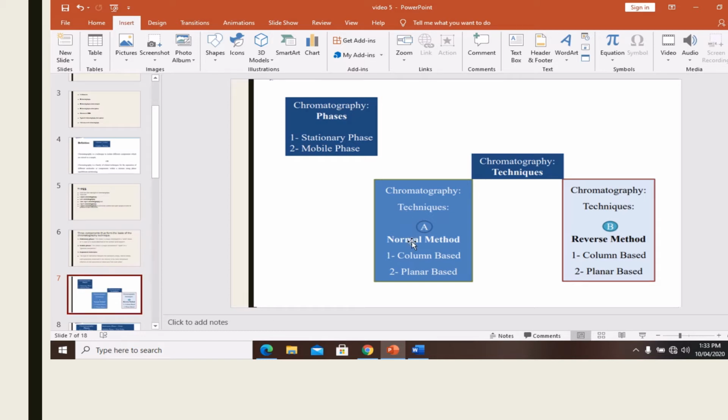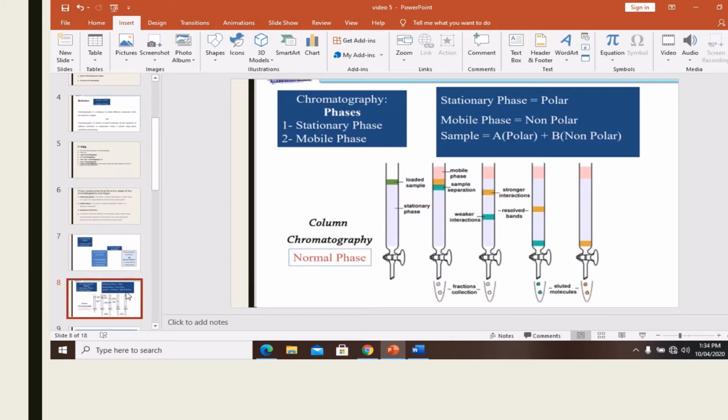The chromatographic technique can be a normal method or a reverse method, column based or planar based, but the same process applies. Once you have the mixture and you want to separate some samples from it, you identify the machinery having all the programs to separate the sample from the mixture.